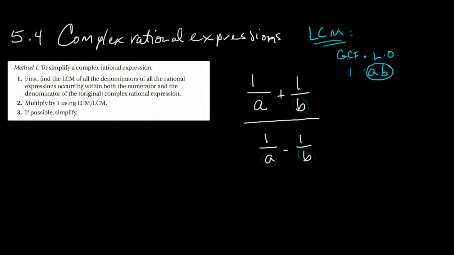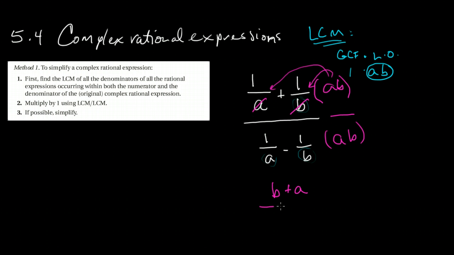So we're going to multiply by a factor of 1, A times B over A times B. What happens when we distribute? When we distribute to the 1 over A, the A's cancel, and I'm left with just the B. When I distribute to the 1 over B, the B's cancel, and I'm left with plus A over.